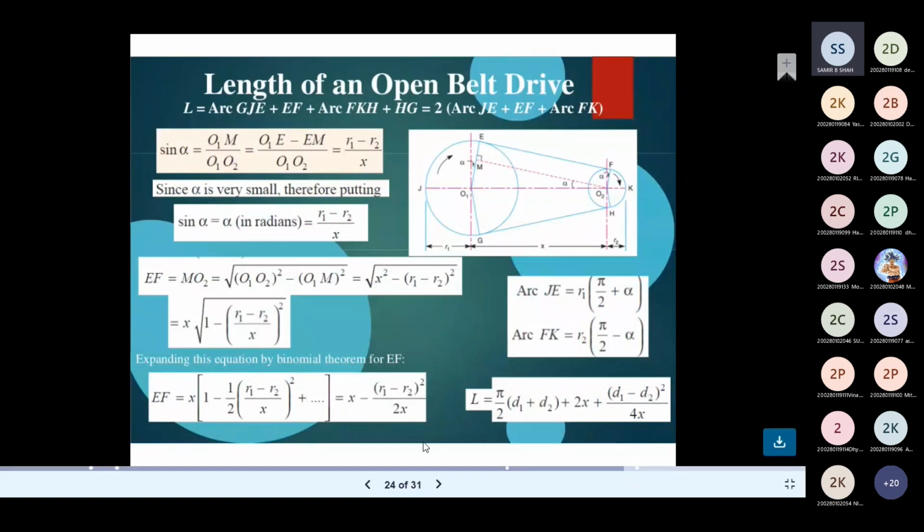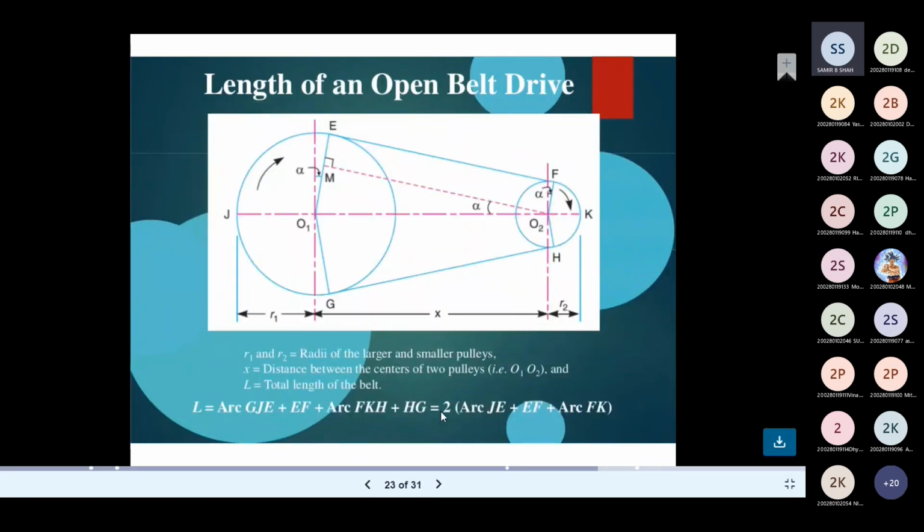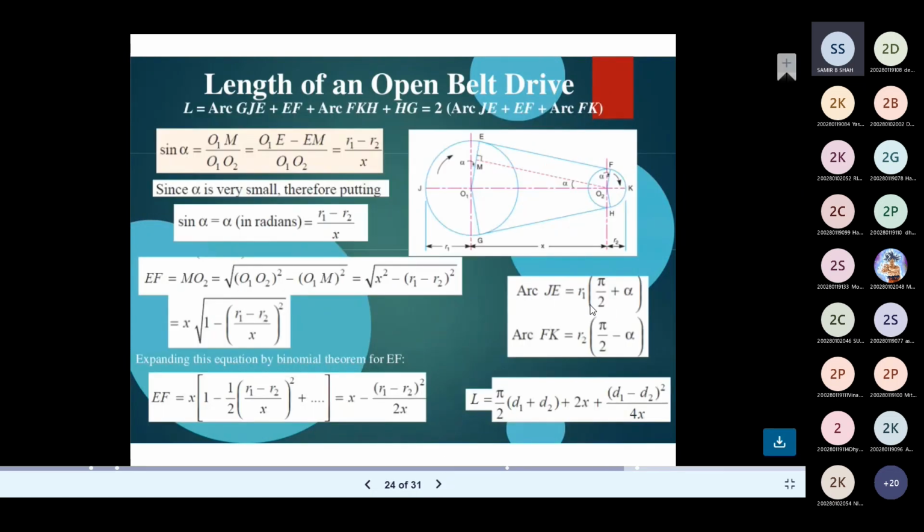So L is equal to twice in the bracket R1 into pi by 2 plus alpha, plus this EF, so X minus R1 minus R2 whole square by 2X, plus arc FK, so R2 in the bracket pi by 2 minus alpha. I'm not editing, but I just explain how the equation may be prepared.